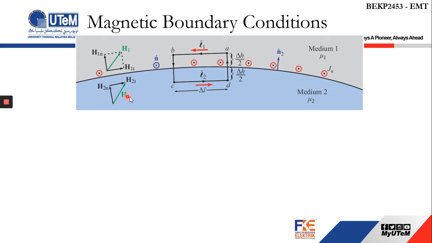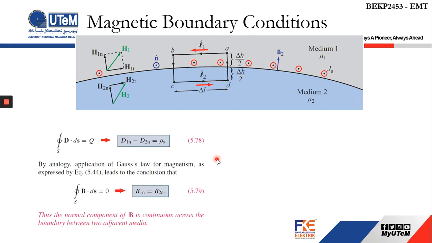Okay, so let's see the first derivation. From electric boundary condition, we have Gauss's law. Gauss's law states that the closed surface integral of electric flux density equals the total charge enclosed by the surface. So from there, we have this relationship. The normal component of electric flux density at medium 1 minus medium 2 equals the surface charge density that exists in the boundary.